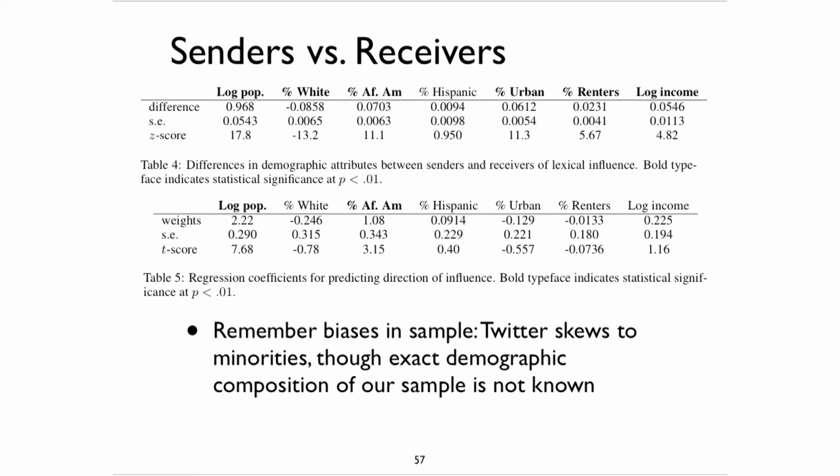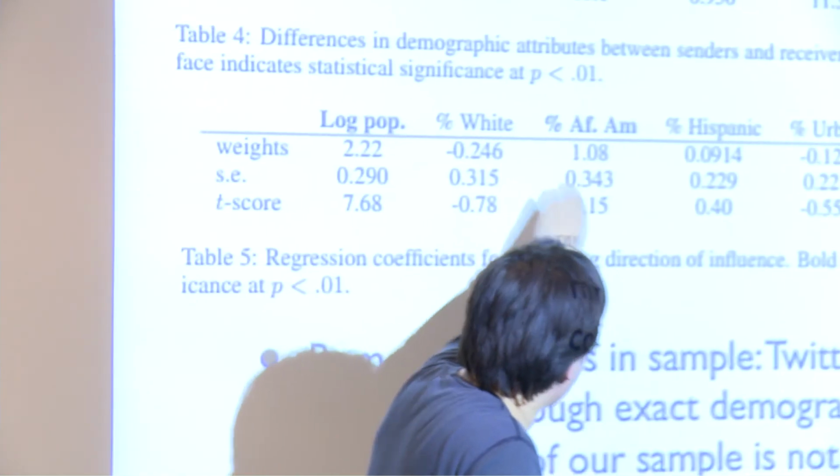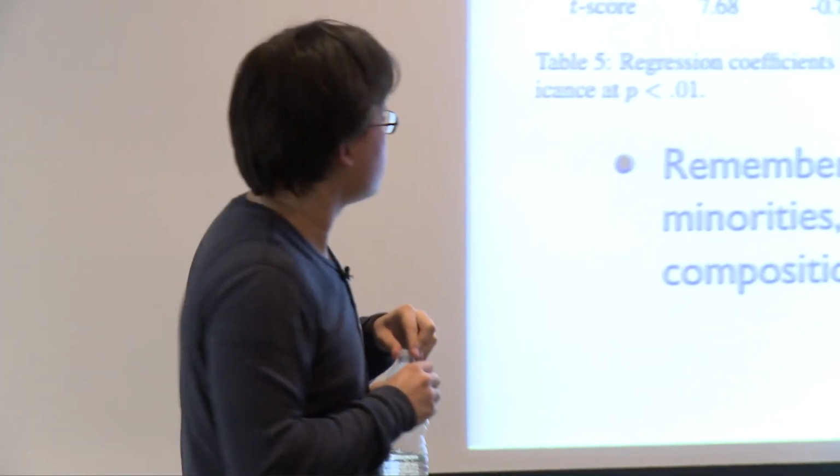The statistically significant ones here are population size, so larger cities tend to transmit more in general, and ones with a high percentage African American population in this sample. Twitter is known to skew towards minorities, though we don't have exact demographic compositions of this particular data set. But we are using the variation between different cities, so the African American populations have some inferences about this.